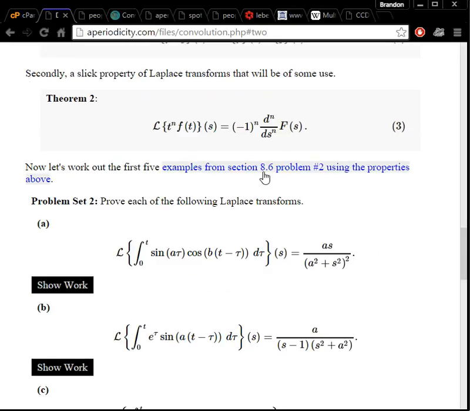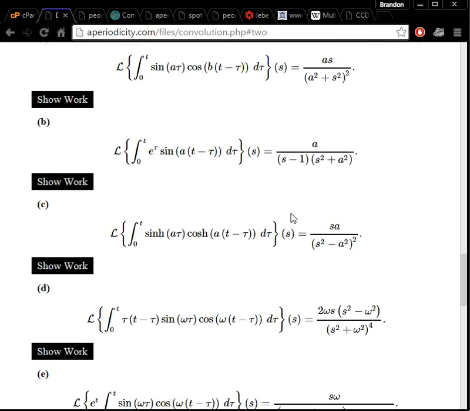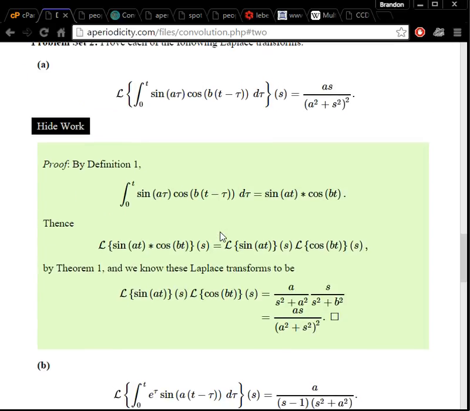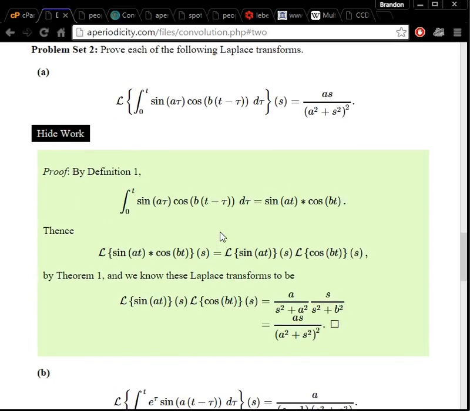Now I've taken 5 problems from section 8.6 of the Trench textbook. Problem number 2, I did A through E, and we're going to work through the proofs of each of these results.